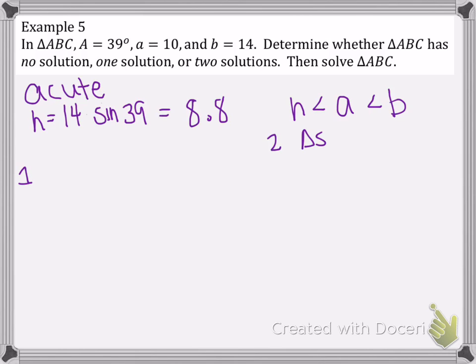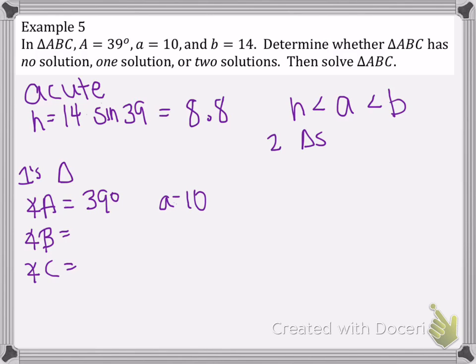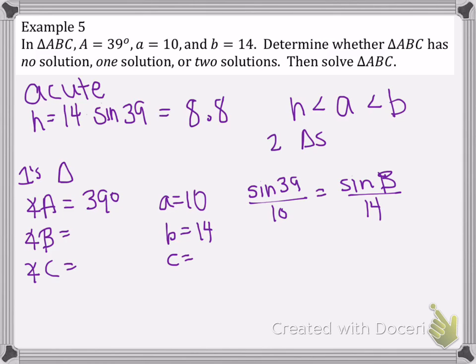So my first triangle, I'm just going to list out all of my angles. Angle A is 39 degrees. Side A is 10. Side B is 14. So first I just go through regularly and I solve that the sine of 39 over 10 is equal to the sine of B over 14.